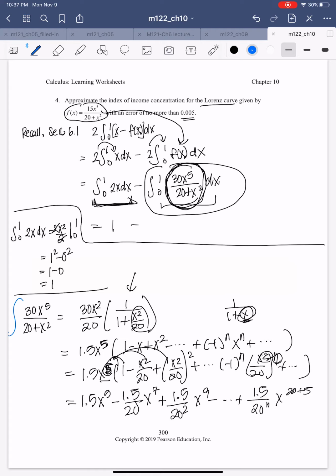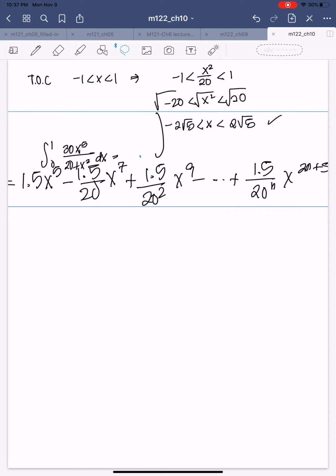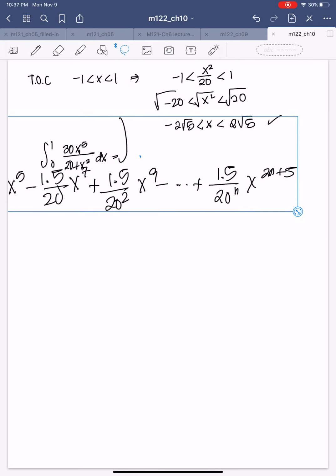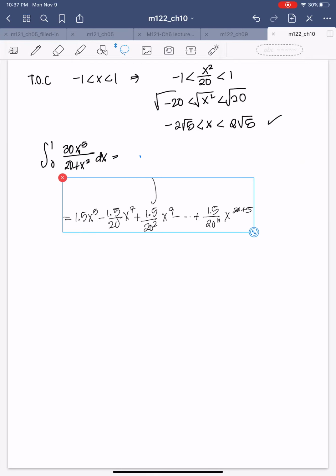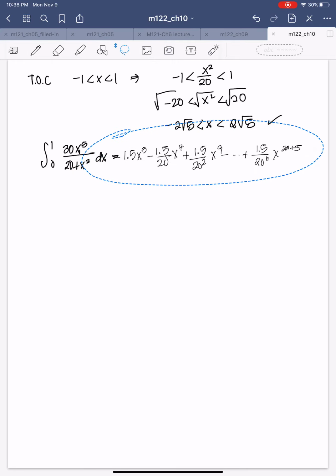We need to integrate this whole function. Integrating is pretty easy now because we go term by term, right?